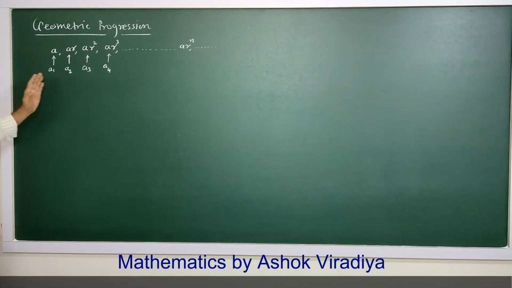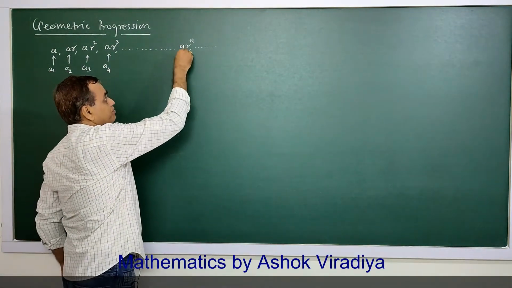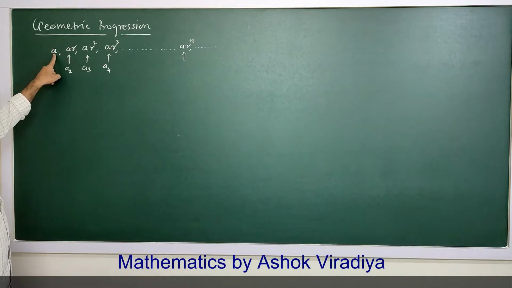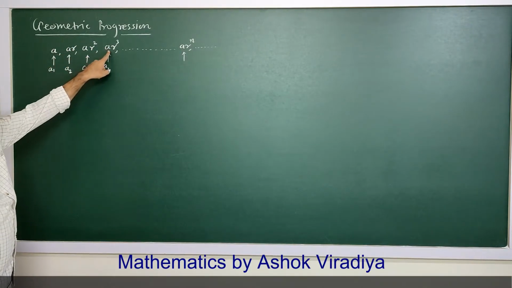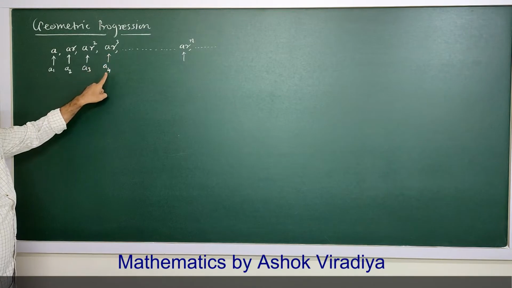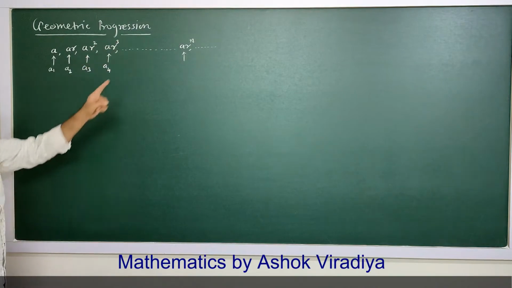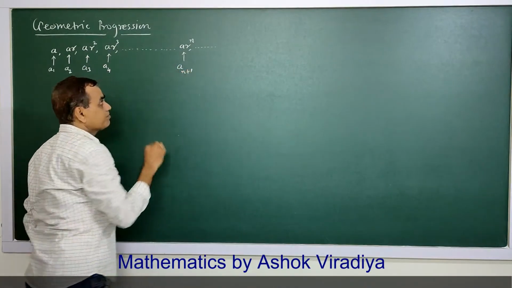So observing this, we can say order of this term. Say this is a1, a2, in a2 r has power 1, ar square is a3, ar cube is a4. Here the number is one more than this power, so this is n plus 1th term.